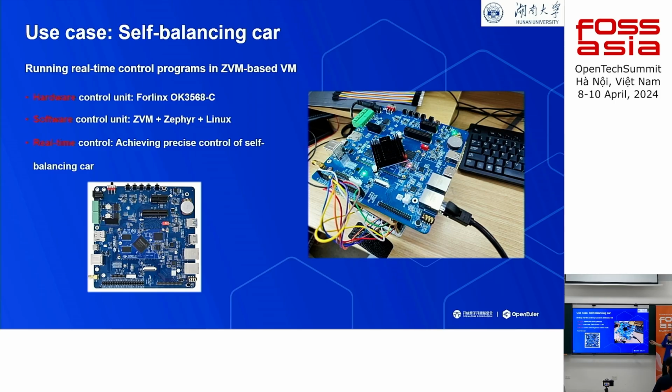It's based on the Rockchip RK3568 system chip. And the software is as just described: one ZVM, one Zephyr, and one Linux. And Zephyr handles the real-time control. It can achieve process control of self-balancing, and it can be seen as a demo of a simple mixed-criticality system.